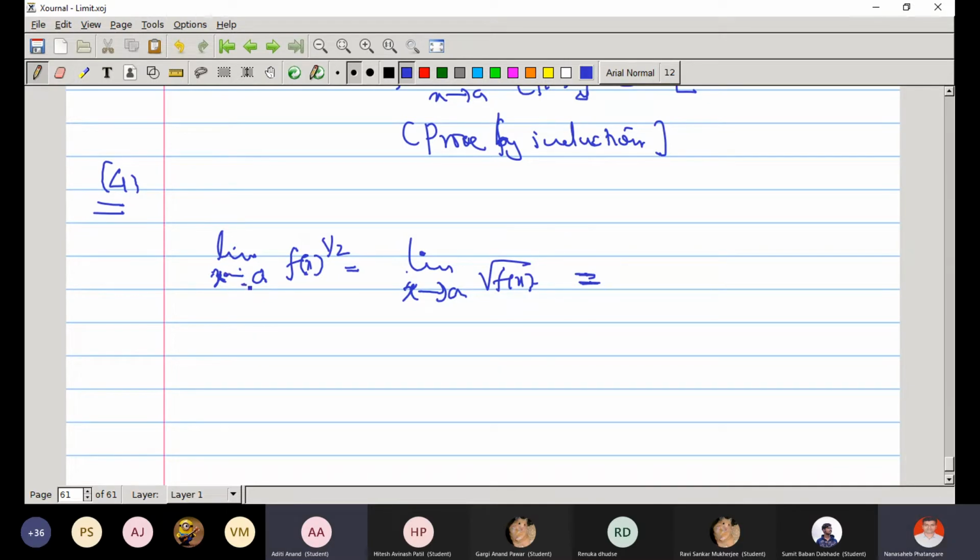So if you recall the result for sequences, then can we expect that this is the limit of square root of f, that is, square root of limit of f? Limit of square root is square root of limit. But is it so obvious? That means we should put some conditions on function f.